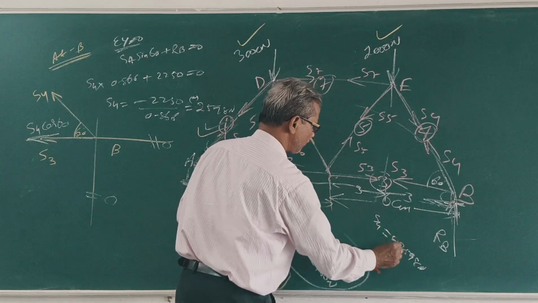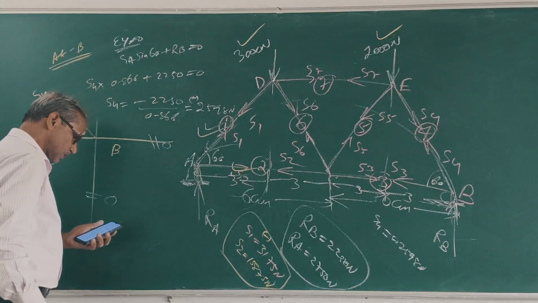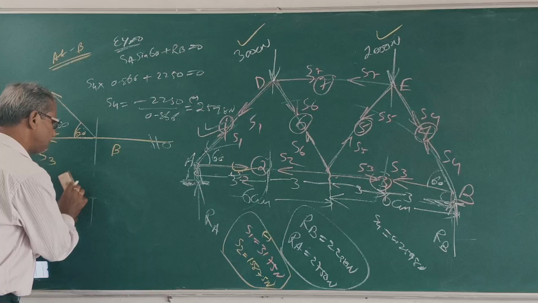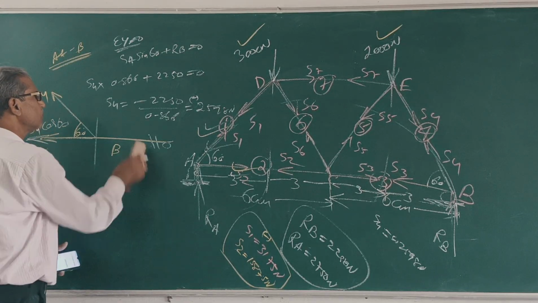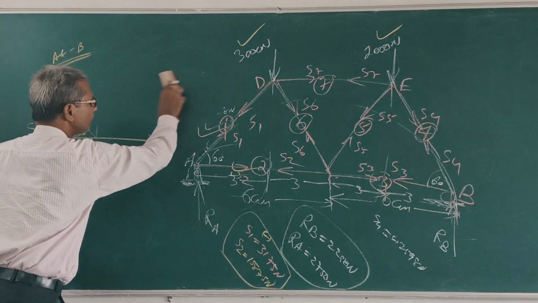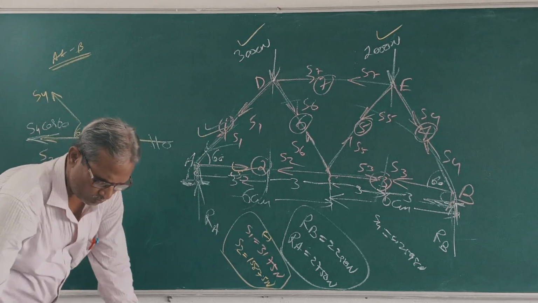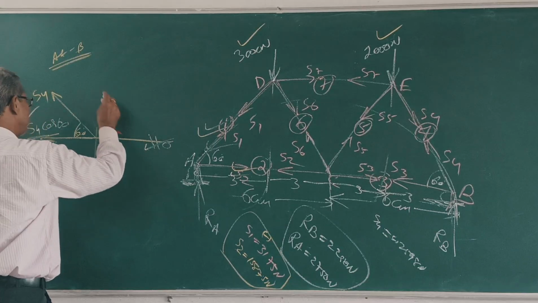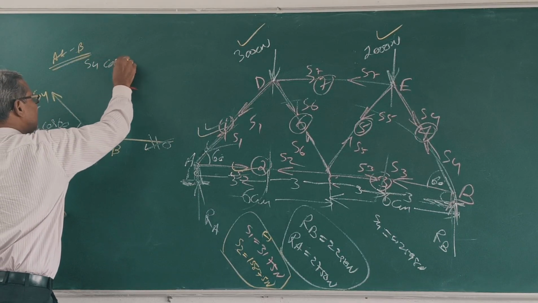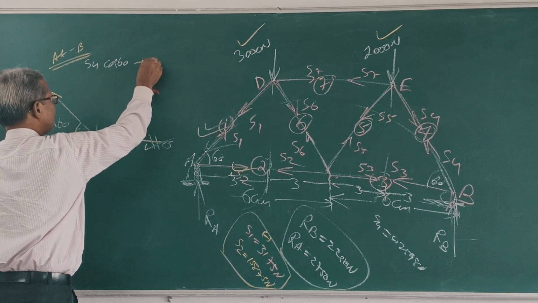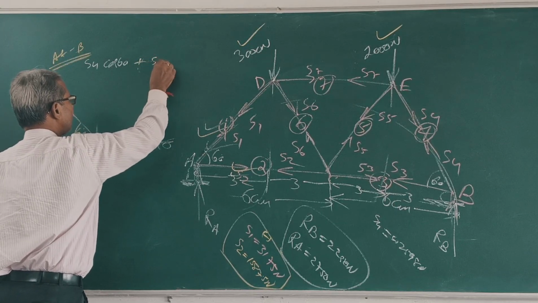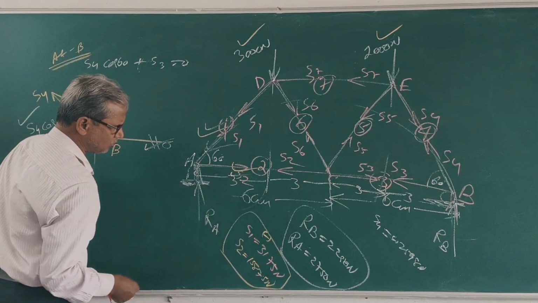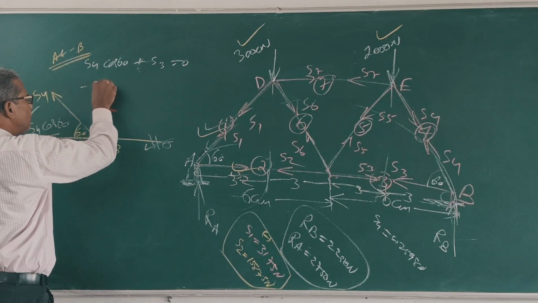Then sigma x is 0. What is sigma x 0? This force plus this force is 0. Clear? S4 cos 60 plus S3 is 0. Clear? What is S4? Minus 2598 into cos 60, half, plus S3 is 0.